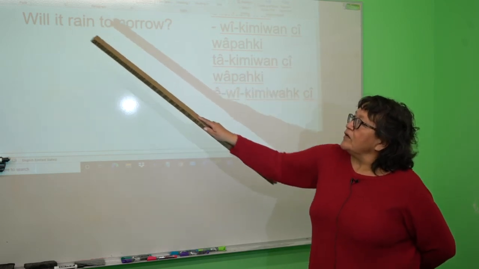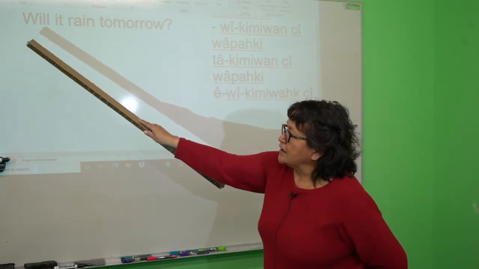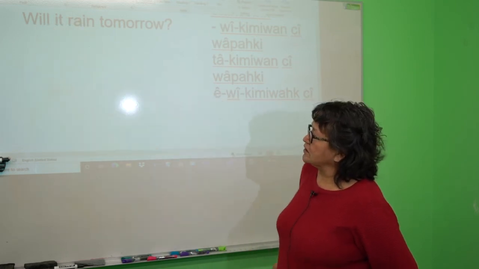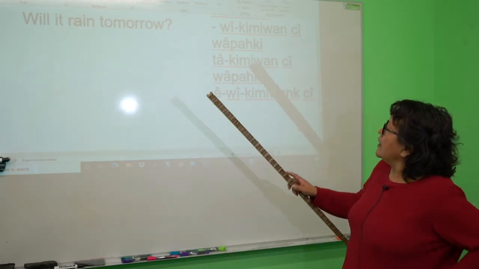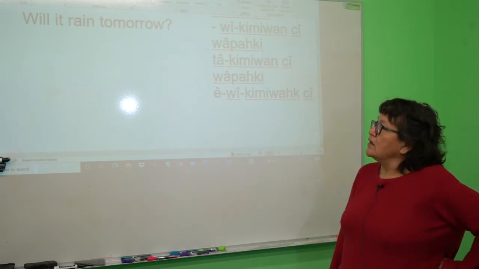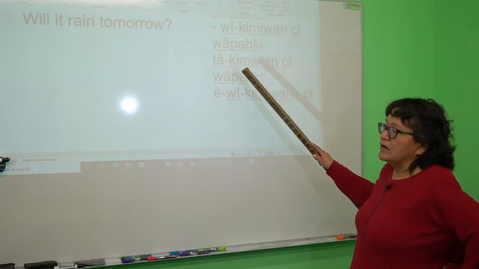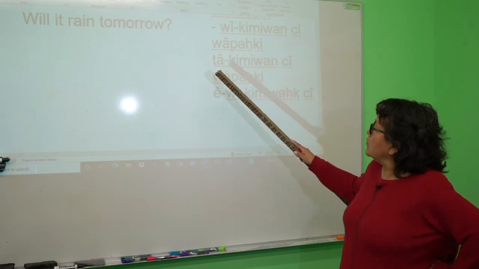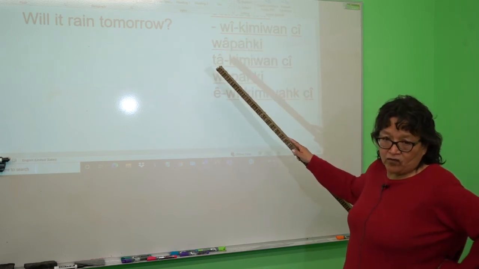Will it rain tomorrow? Because in English, this is somewhat a definite action. So here I added both of these terms. Again, depending on the speaker, they will use both of these forms.